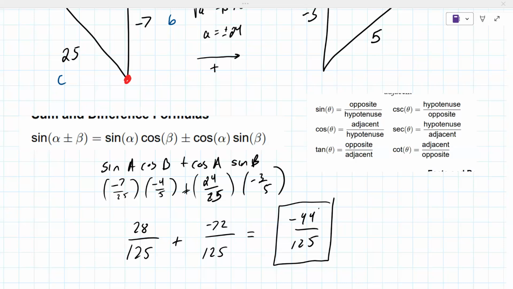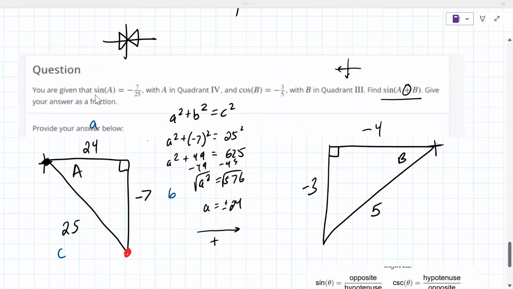Ugh, the program is so picky. Oh, it said the answer was -3/5. Oh yeah, I put these in the wrong spot.